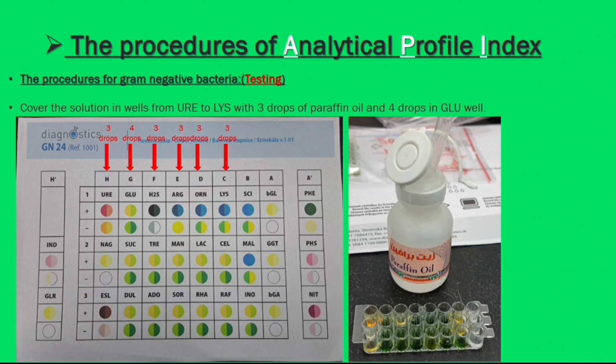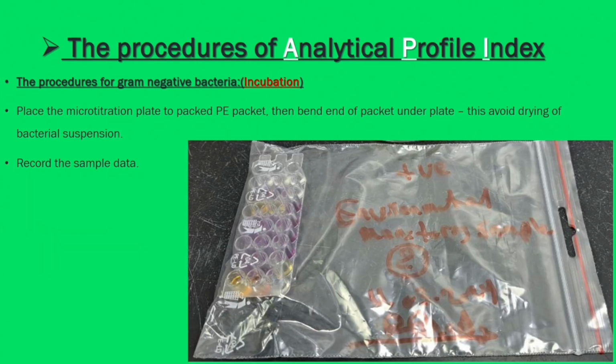Cover the well GLU, this is the G1 well, with 4 drops of paraffin oil. Place the microtitrate plate back in its packet. Then bend the end of the packet under the plate. This avoids drying of the bacterial suspension. Then record the sample data on the packet.